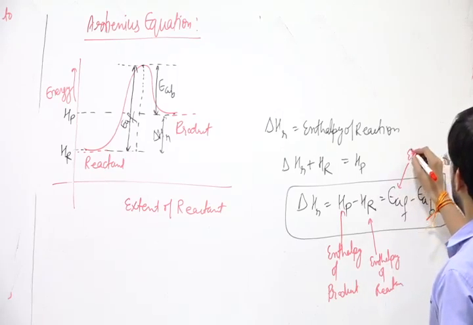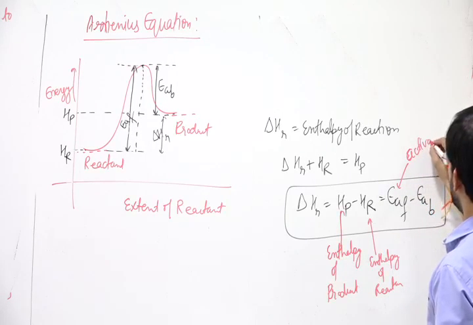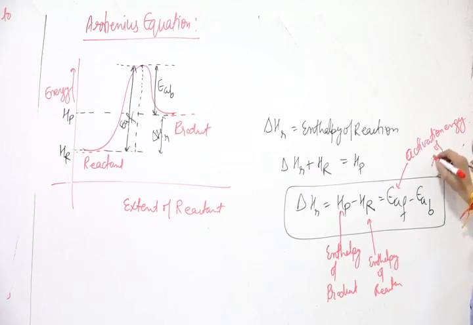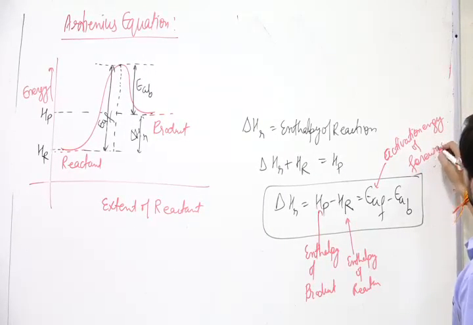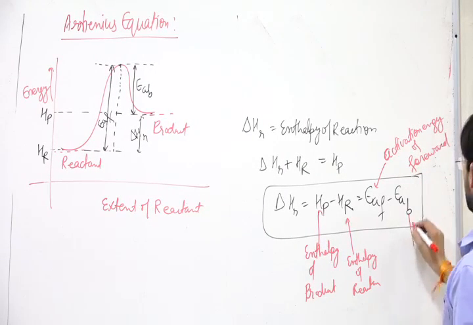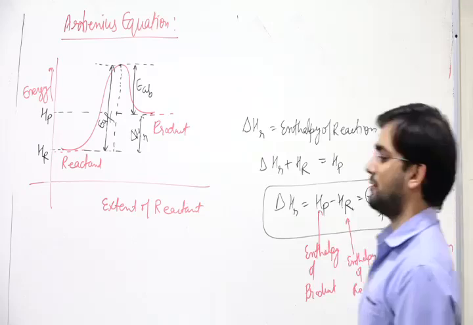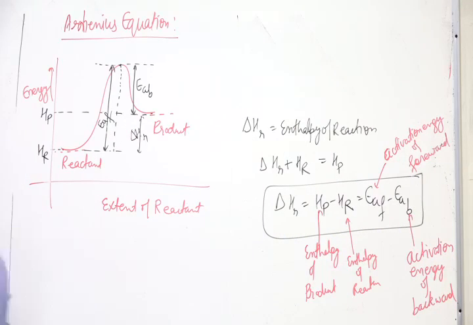This is the activation energy of forward. This is the activation energy of backward. Understand?